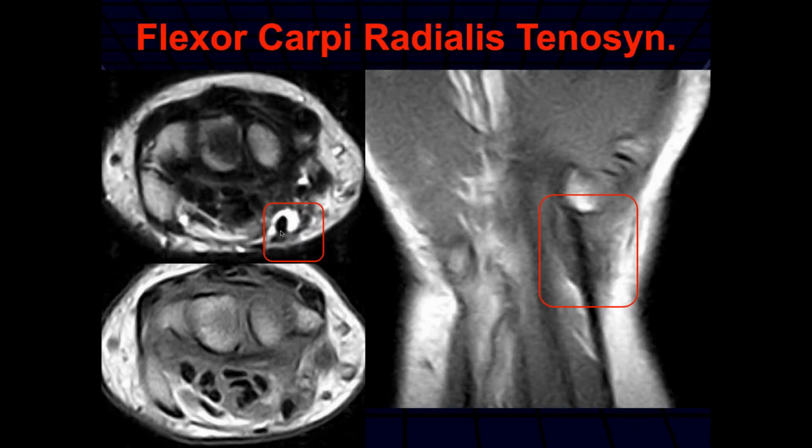Yeah, this is tenosynovitis of the flexor carpi radialis. Oh, okay. It should be the ulnaris, but we're on the opposite side here. There's a pisiform, so this is on the opposite side now. So we switch sides. This is a flexor carpi radialis tenosynovitis, and we're on the radial side here.